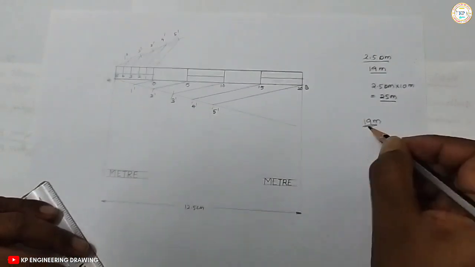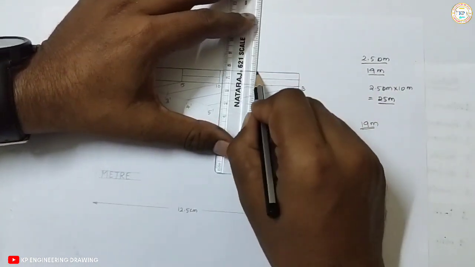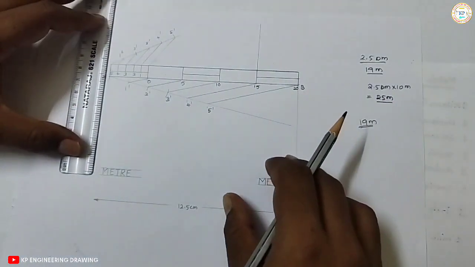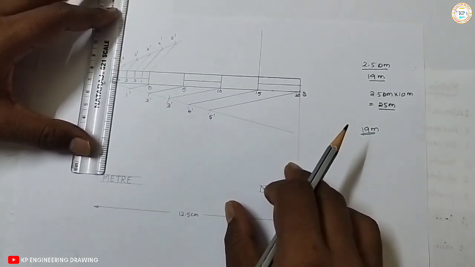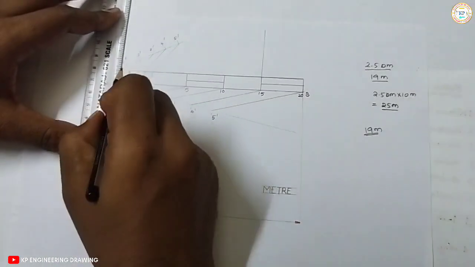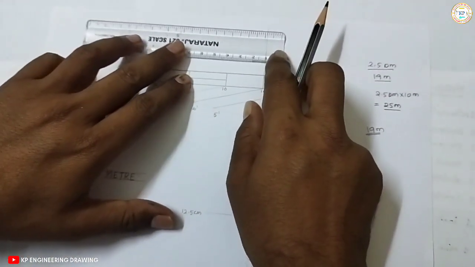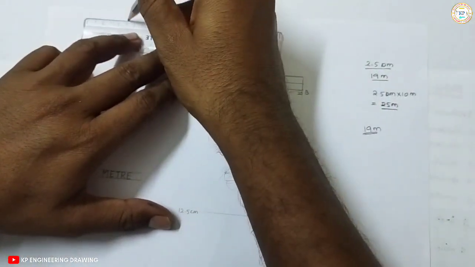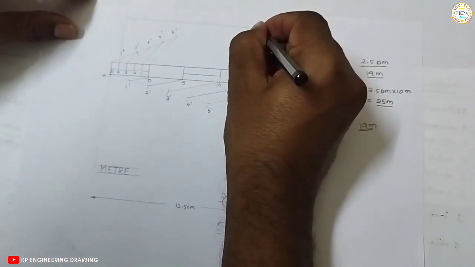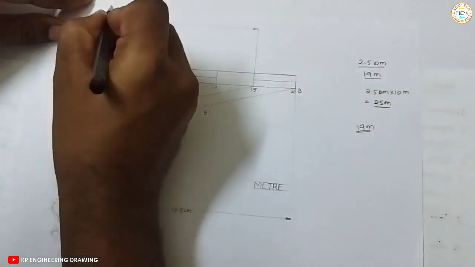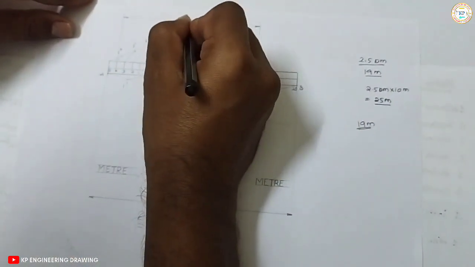So now we have to mark 19 meters. In the main scale it is 15, and in the subscale it is also in meters, that is 1, 2, 3, 4, 5. So from 4 you draw a line, right? So this is your 19 meter.